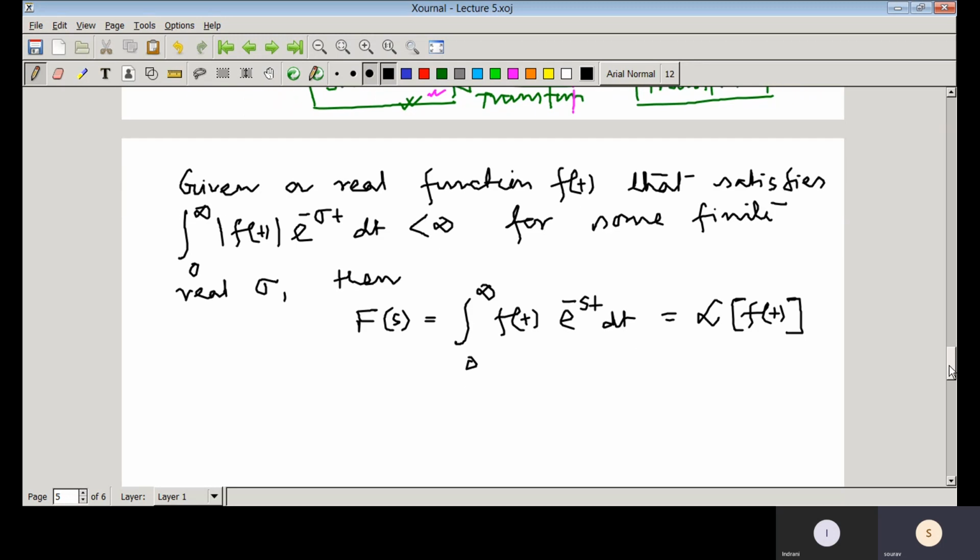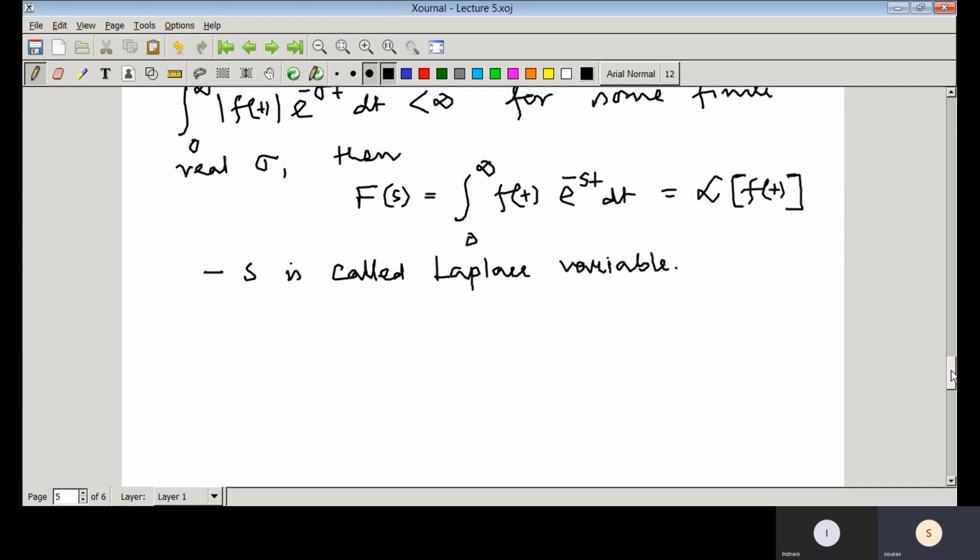So then here that s is called that Laplace variable. And you all know that one-sided Laplace transform and both-sided Laplace transform.